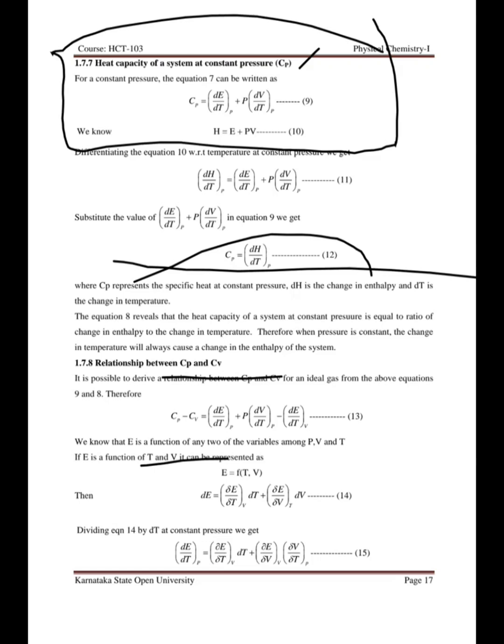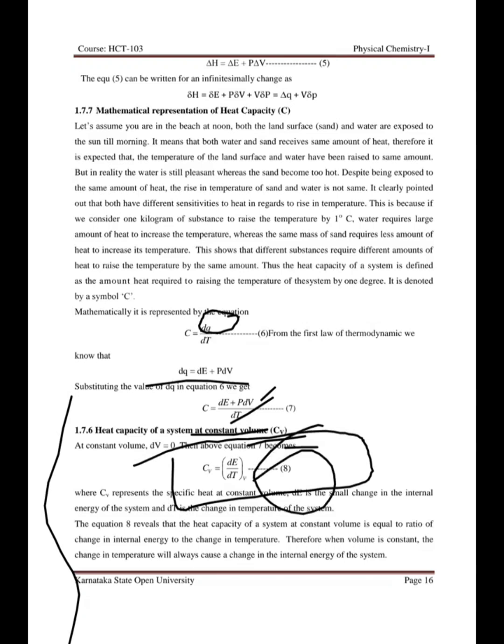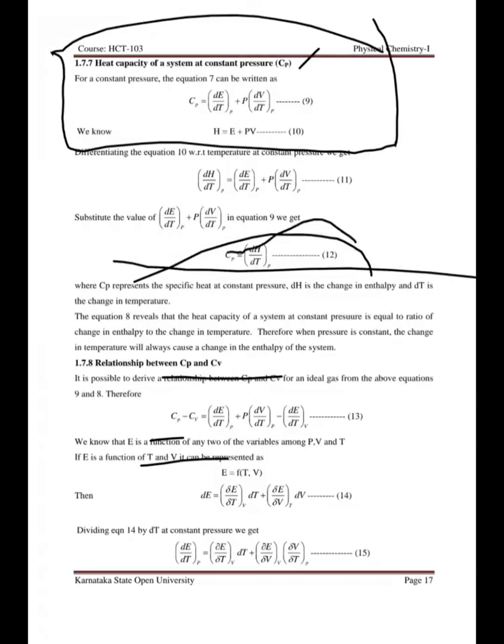So Cp minus Cv, that is equation 13, we are going to solve from equation 8 and equation 12. And this is the mathematical derivative. Let's go through this.